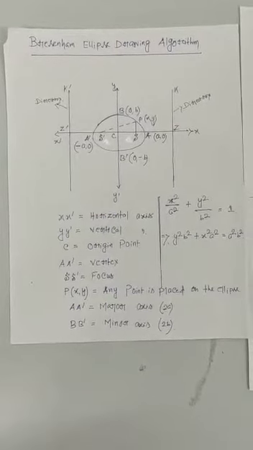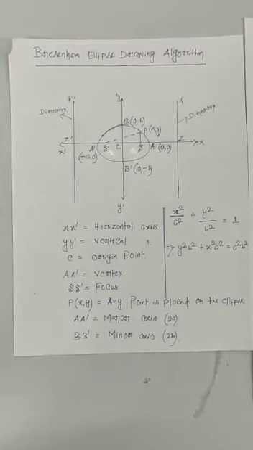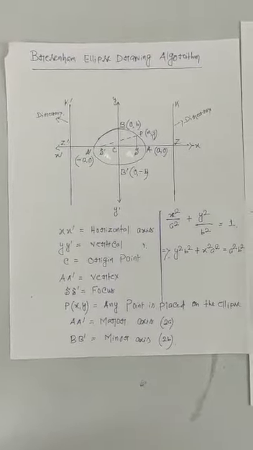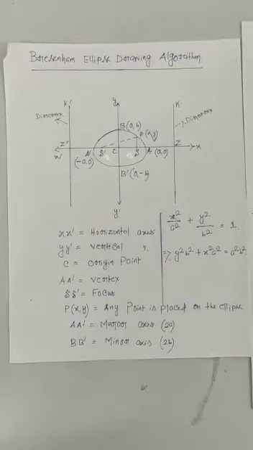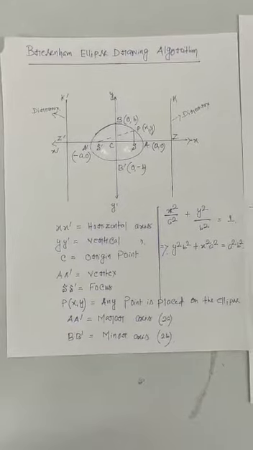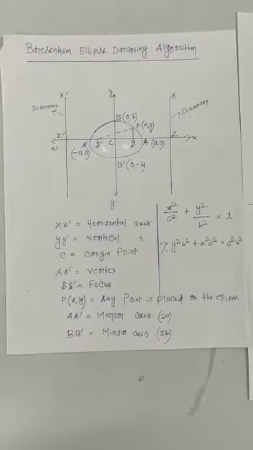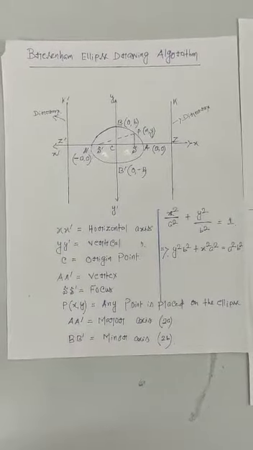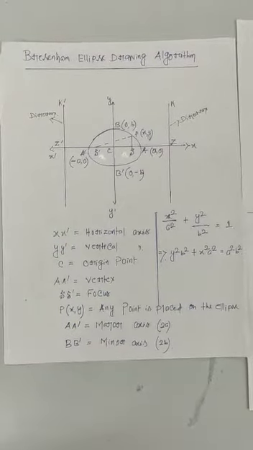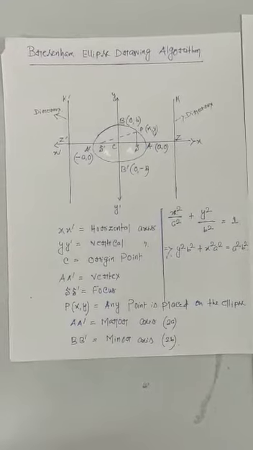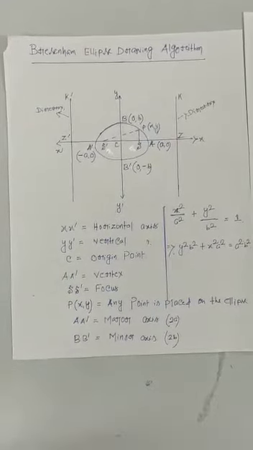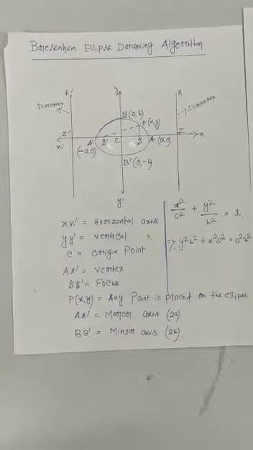P is any point whose coordinate is (x, y) placed on the ellipse. AA' is called the major axis. Distance is 2a. That's why the point A coordinate value is (a, 0) and the point A' coordinate value is (-a, 0). Similarly, BB' is called the minor axis.